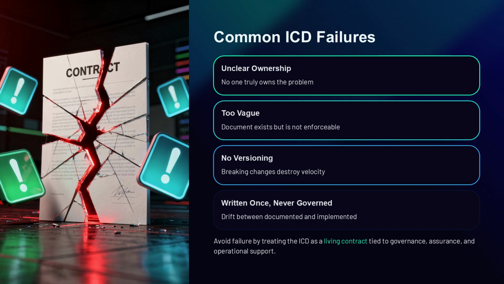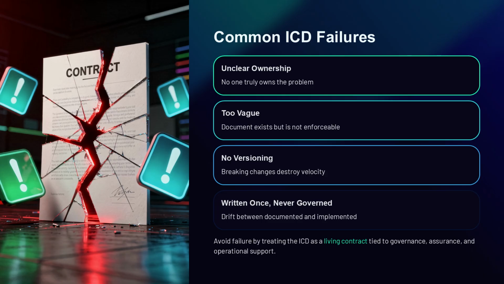As you close the lecture, you should recognize why interface control documents sometimes exist but still fail to prevent integration chaos. They fail when ownership is unclear, when the document is too vague to be enforceable, when versioning is missing, and when non-functional requirements are ignored.